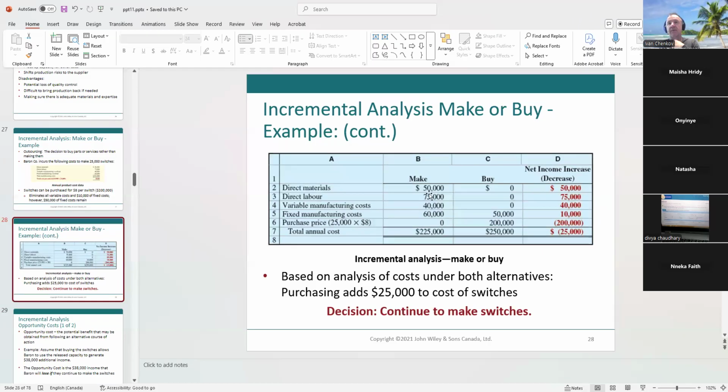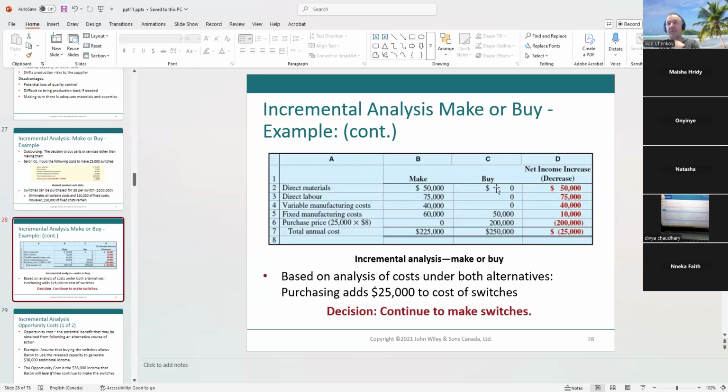If we make it, it costs us 50,000 for direct material, 75 for direct labor, variable cost will be 40,000, fixed cost will be 60,000, in total 225. If we buy it, we have to pay $200,000 to the supplier, plus 50,000 of those 60 fixed manufacturing overhead who are going to stay. Because of that $50,000, that changed the whole perspective, and we end up losing $25,000.